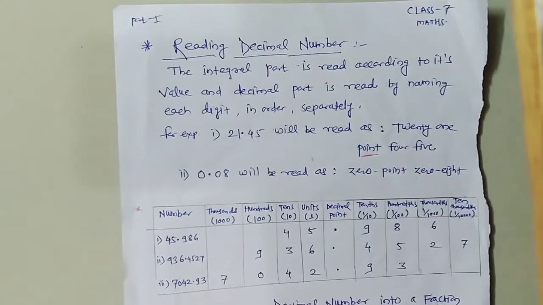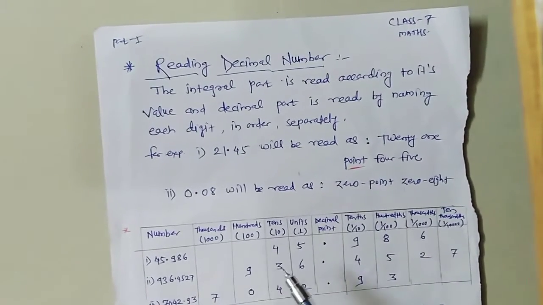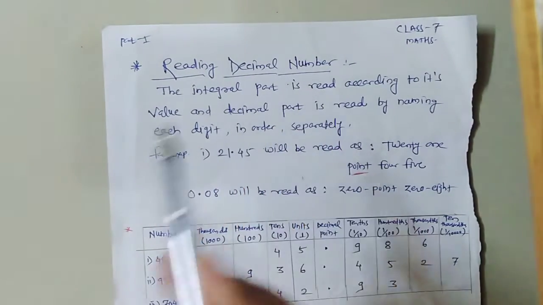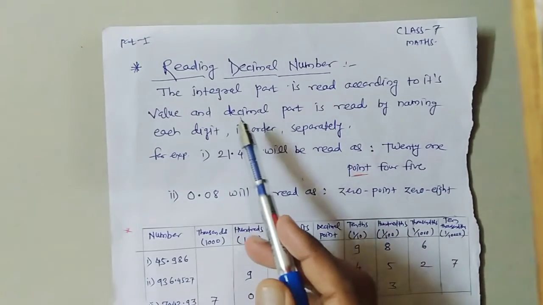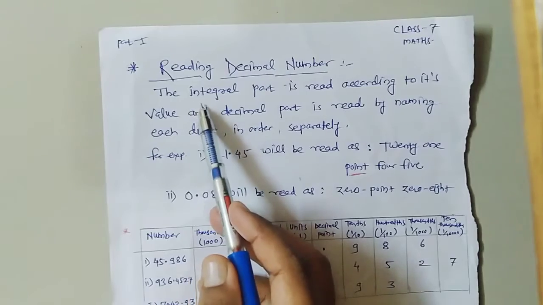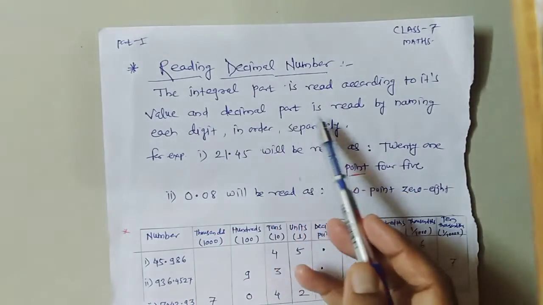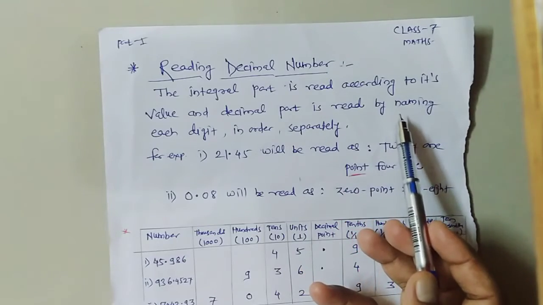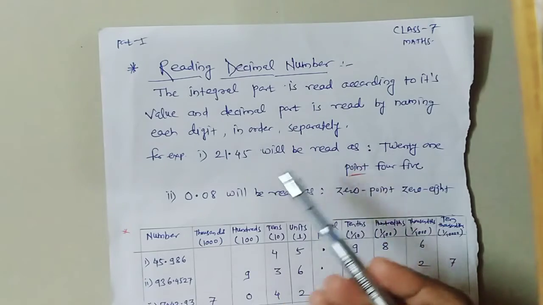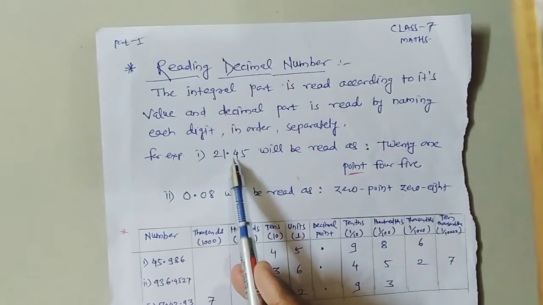Now we'll see another topic, reading a decimal number. Here the integral part is read according to its value and the decimal part is read by naming each digit in order separately. How to read the decimal number? See, first this is the decimal number.